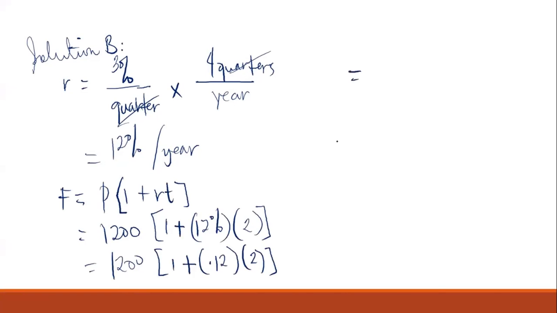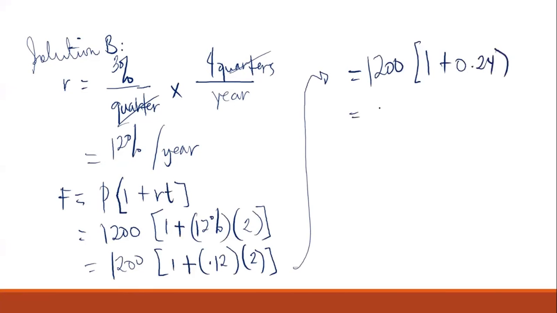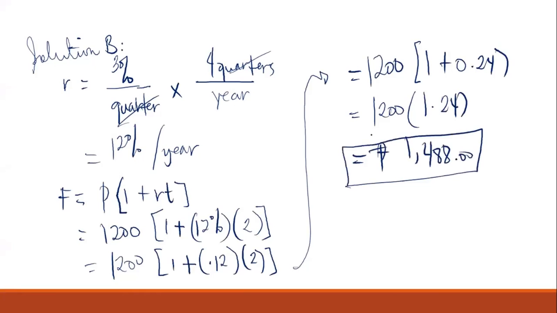Right? So, 1,200 times 1 plus 0.24. Okay? 1,200 times 1.24. So, this is equal to 1,488 pesos. So, this is the maturity value.